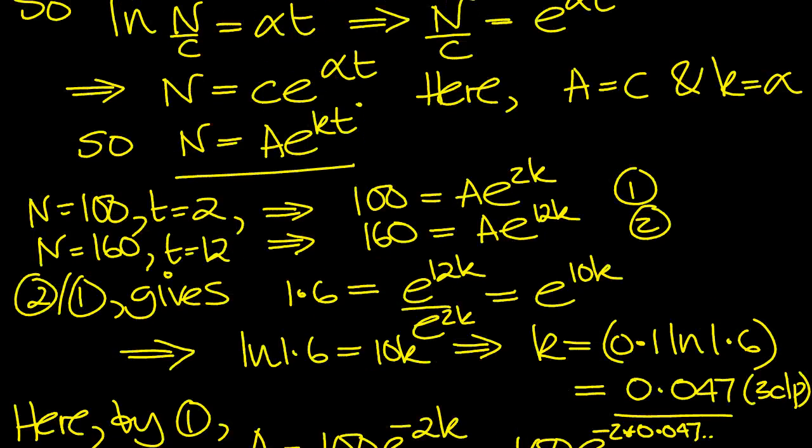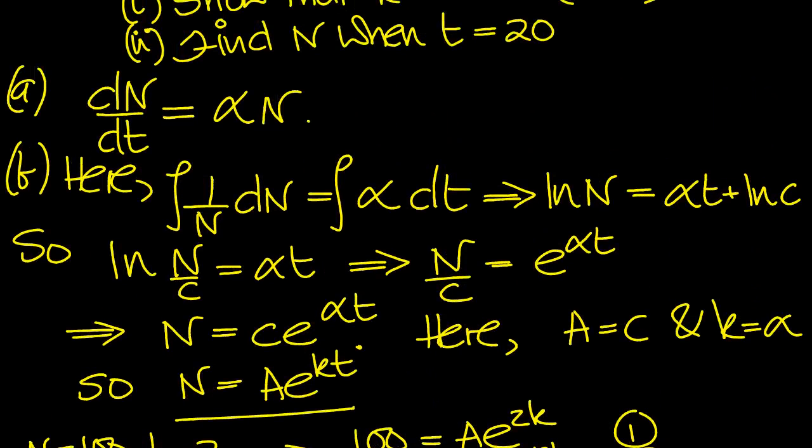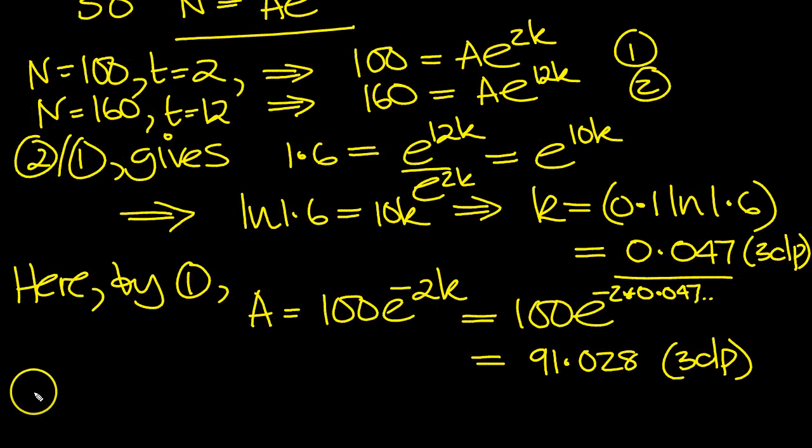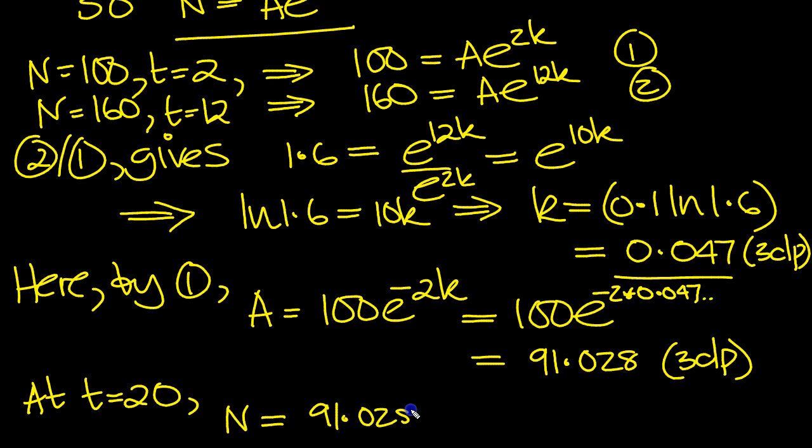So now we can piece together the final part of the problem. Find n when t equals 20. So at t equals 20, n is equal to a, and we can put 91.028, that number, times e to the, what was it?